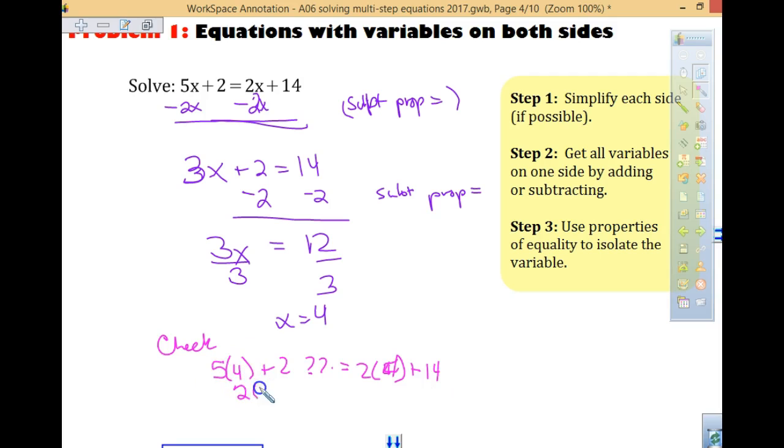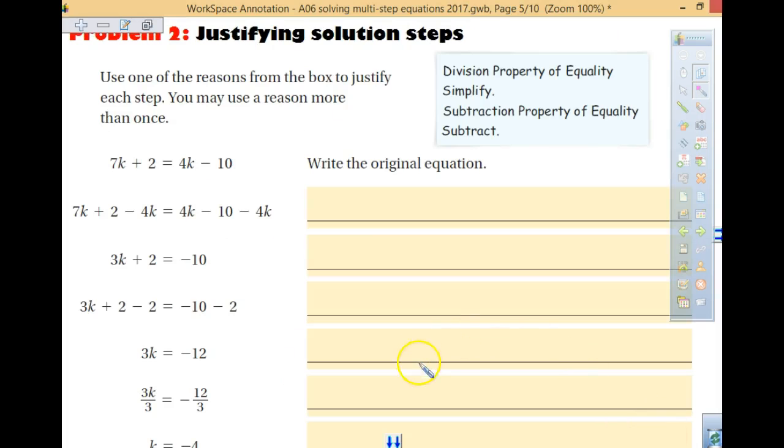So we know 20 plus 2, right? 8 plus 14, same thing. It checks. Now, someone said they didn't realize that the answers were in the back of the book. Our textbook has the answers in the back, so you can definitely check your answers there. So this is what the question will look like where I'm talking about those properties, okay?